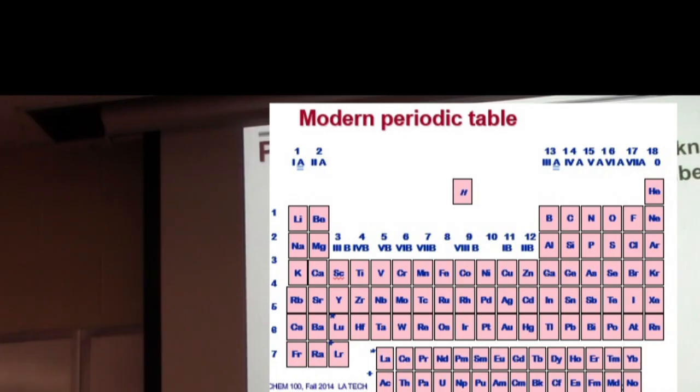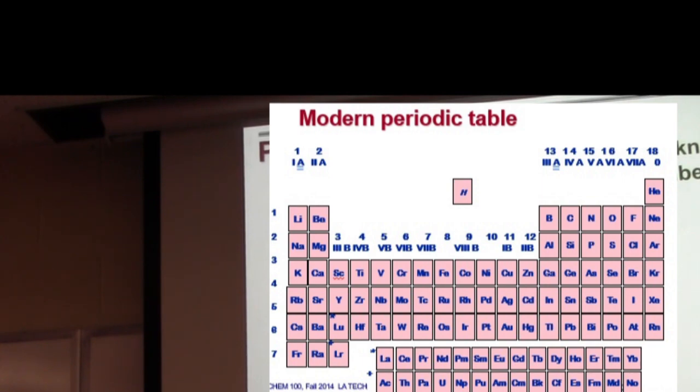Then in the middle, there's a dip in the periodic table, starting from scandium to zinc. This whole block here is called the transition elements, transition, in between, all right?